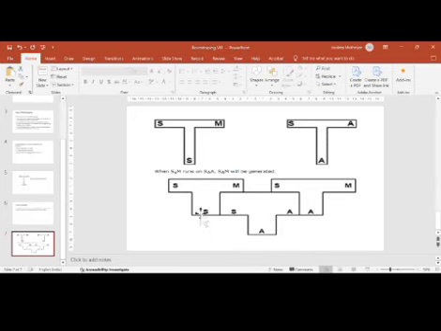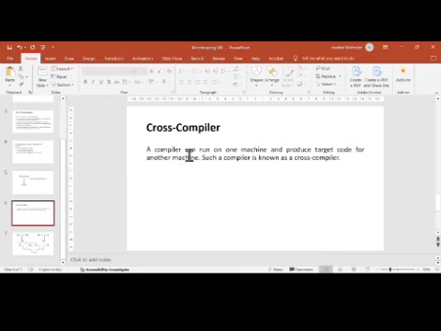And see, this portion and this portion are always equal. This is called a cross compiler. So what is a cross compiler? A cross compiler can run on one machine and produce the target code for another machine. So this is our cross compiler.